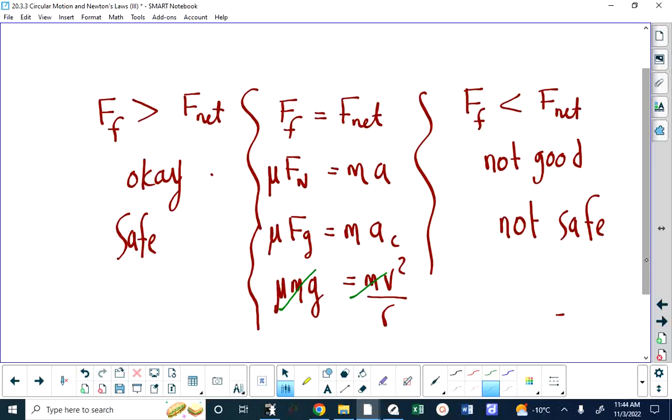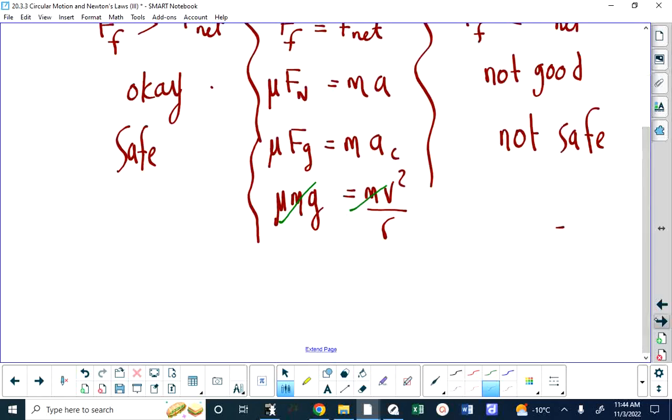So I can solve this for v now. I multiply both sides by v and by r and get this. So v squared equals r mu g, which means v is equal to the square root of the radius times mu times g.